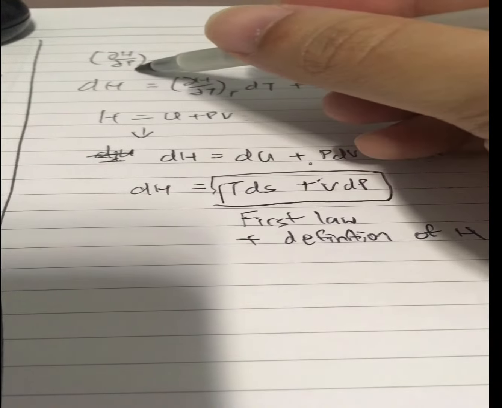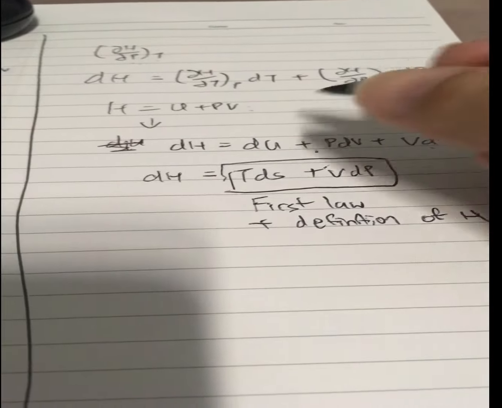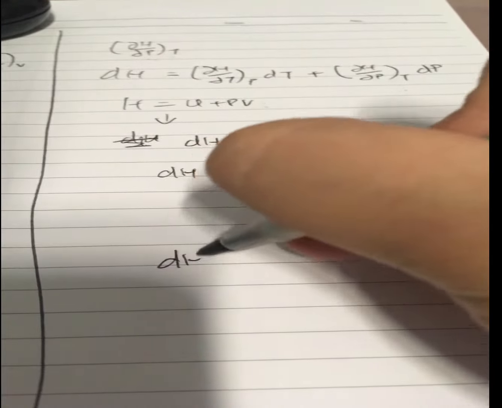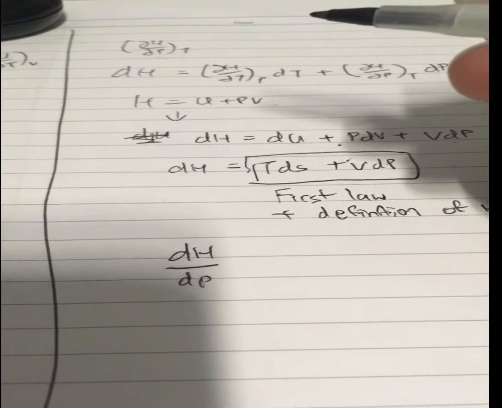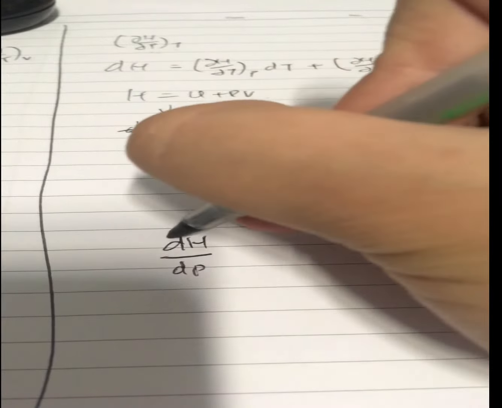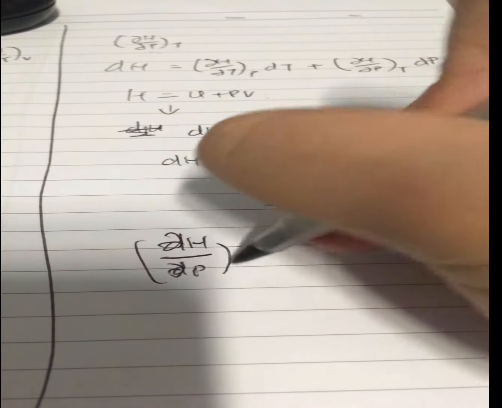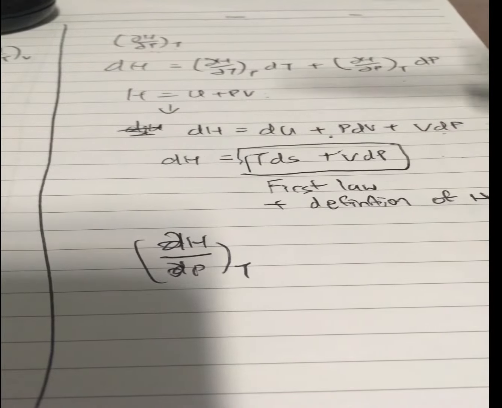The first part we can consider is dividing everything by dP. Actually, let's just keep the temperature constant as well. So let's use partial derivatives. That's the first one, which is this.